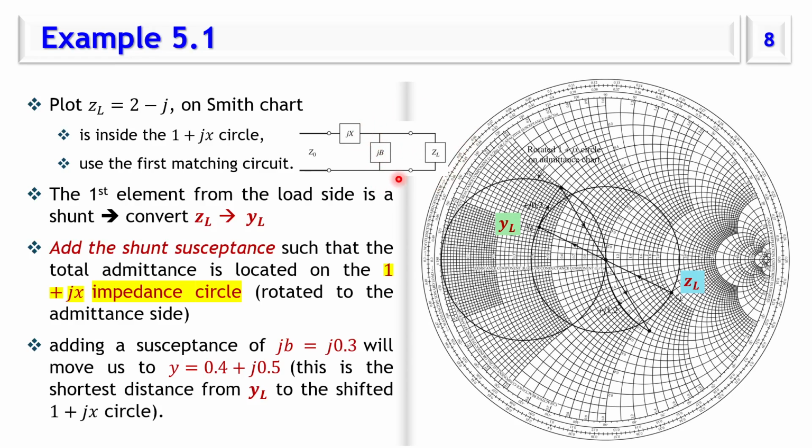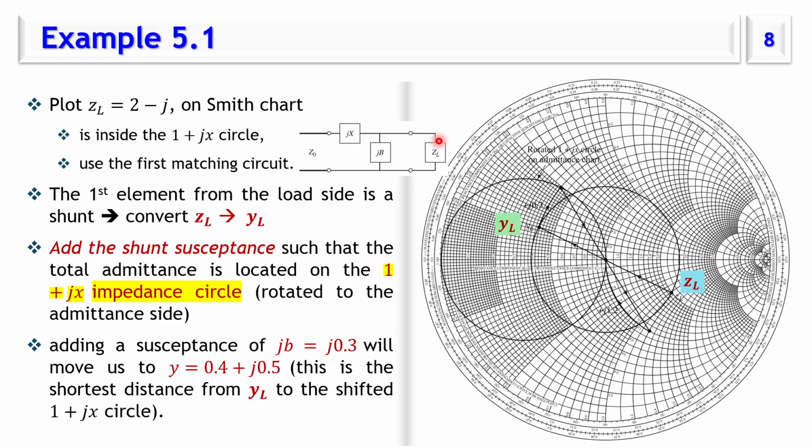When we combine those two elements together, which will be YL plus jB, we need the total to be on the circle of 1 plus jx for the z value. Why?